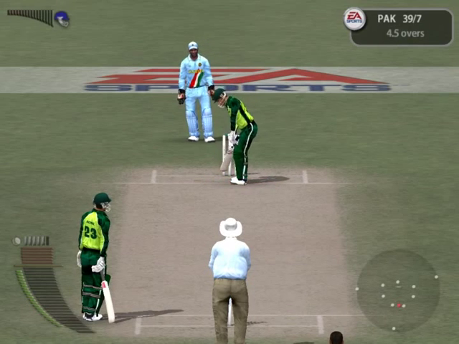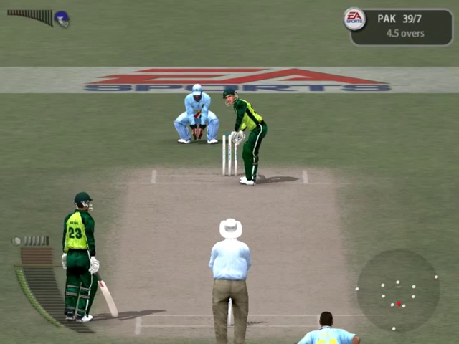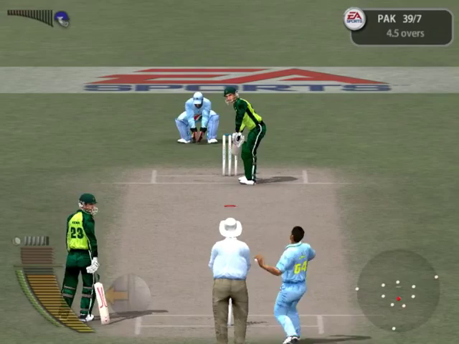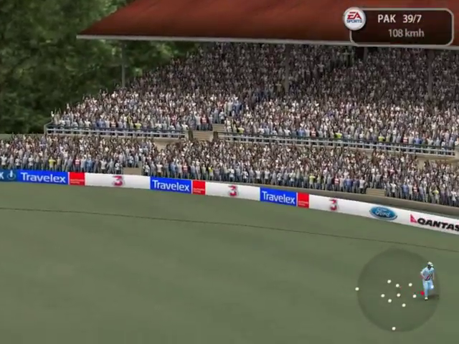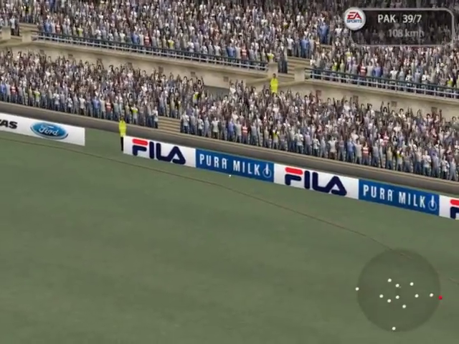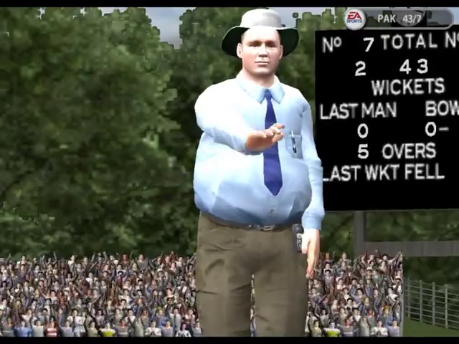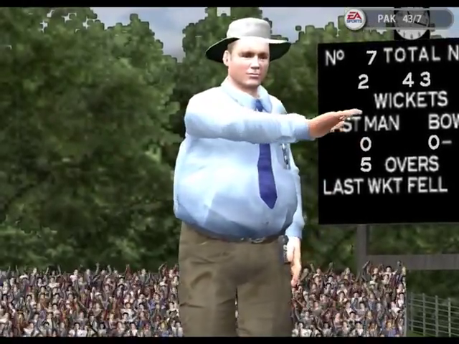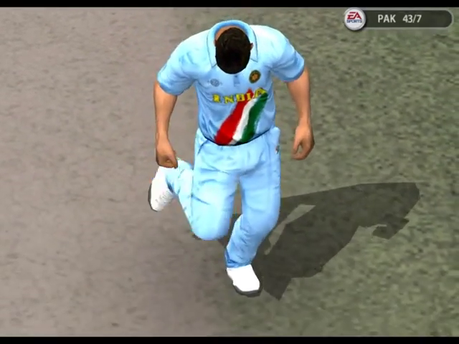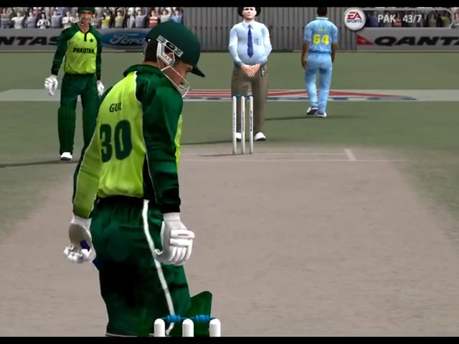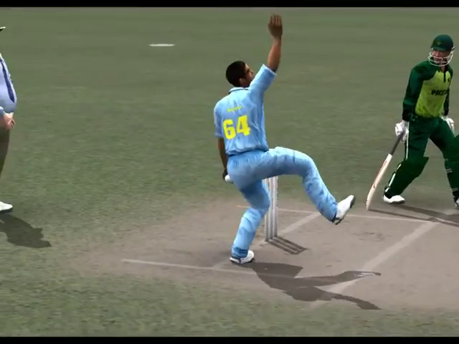Umar Gul waiting at the striker's end. That's turned away through mid-wicket. Dravid sprinting along the boundary. Dravid is not going to reach that. Placed that superbly. The batsman wasn't going to miss that opportunity. He was on it in a flash. We can have a look at that again.